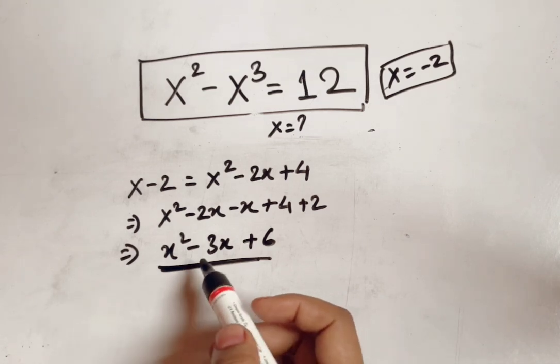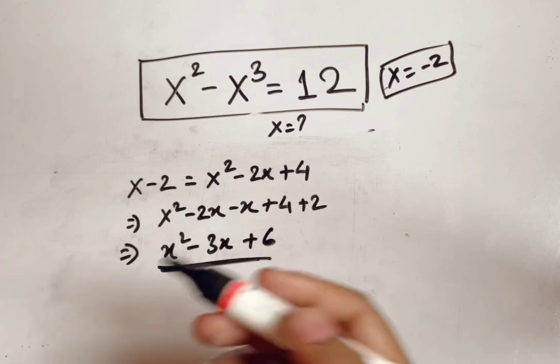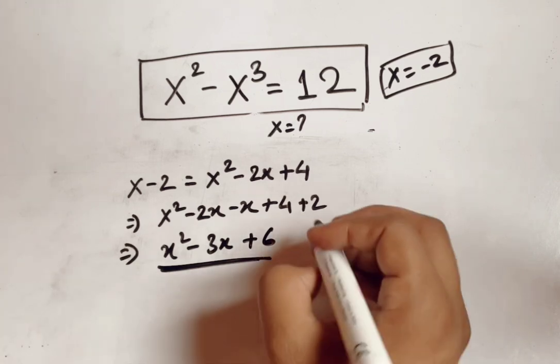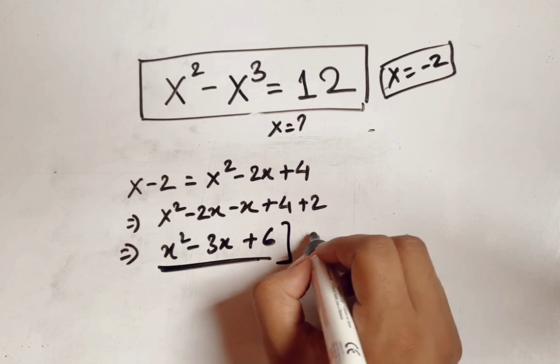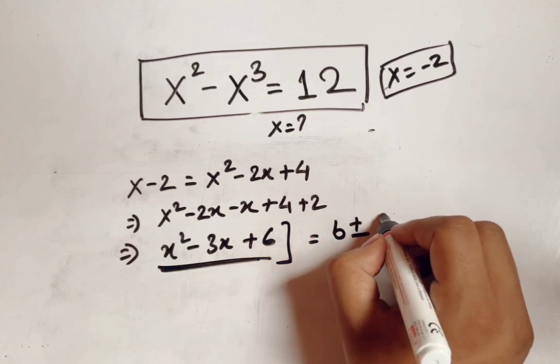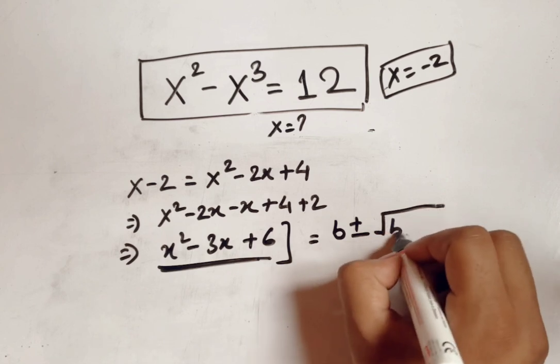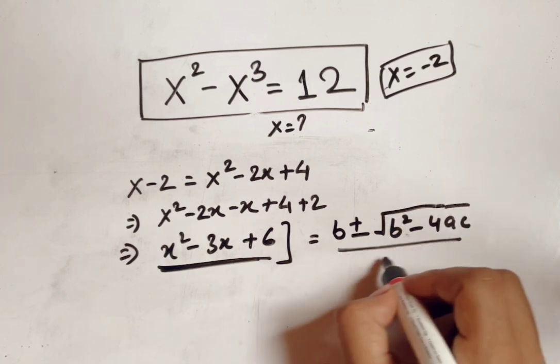This is a quadratic equation, but I think that cannot be factorized easily by the normal method. So we have to apply Sridharacharya's method, which is basically for finding the roots. Roots is equal to minus b plus minus under root of b square minus 4ac upon 2a.